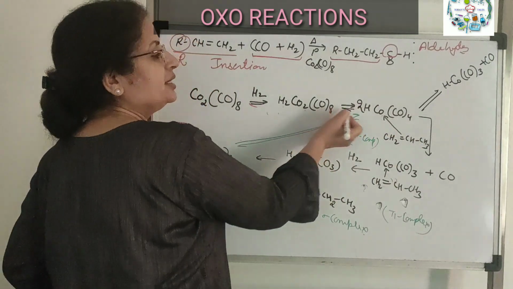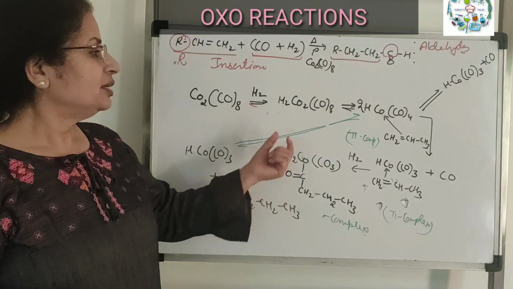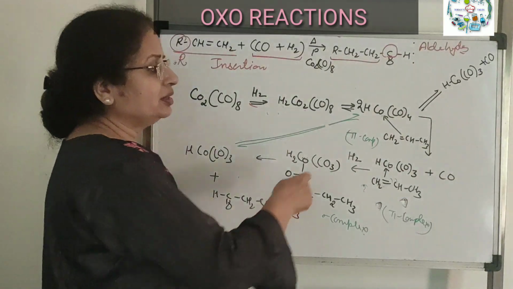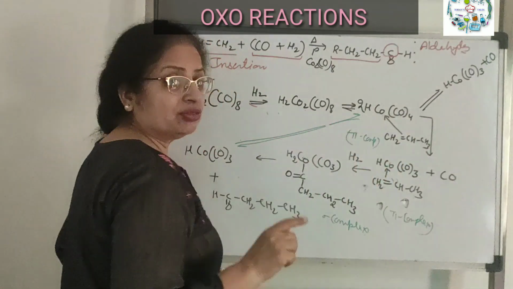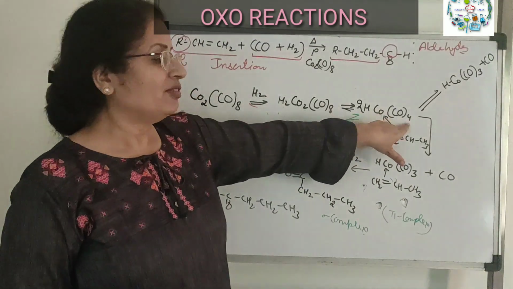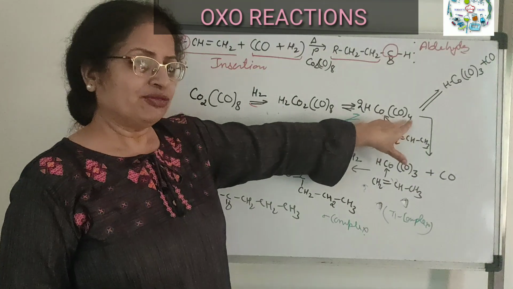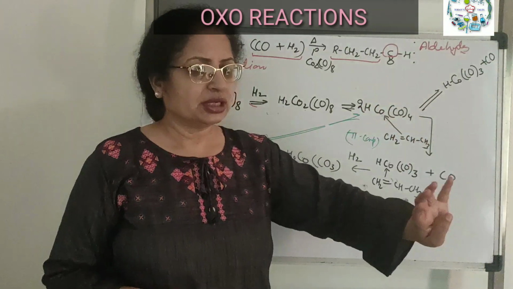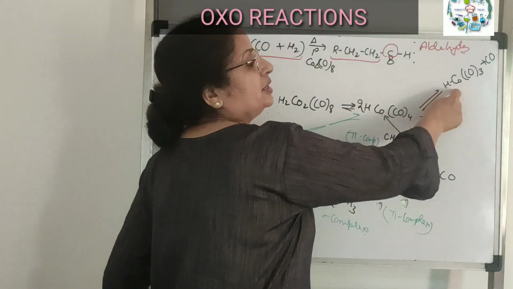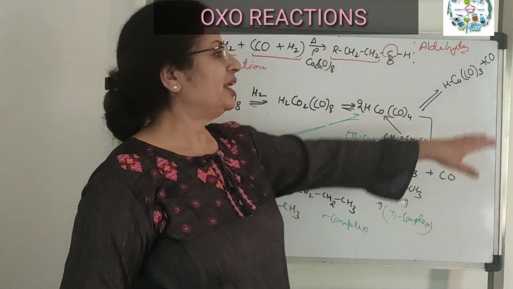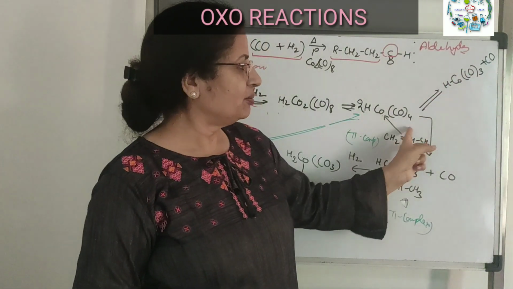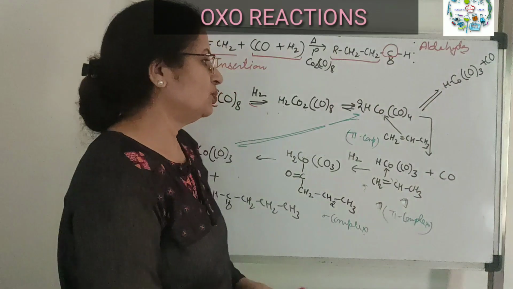So there is an equilibrium between dicobalt and monocobalt complex. Now this monocobalt complex, which is pentavalent, you see here this cobalt is pentavalent. At 4 valency there are 4 carbonyl molecules and 1 is hydrogen. This is in equilibrium with tetravalent complex plus a CO. It always remains in the equilibrium with this species also.